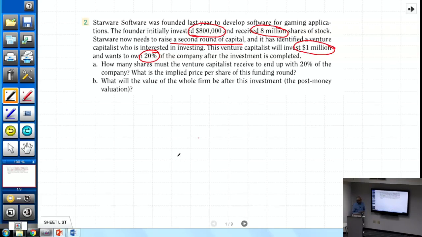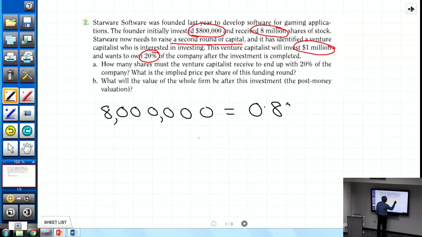So now we know that after this second round of financing gets through with the venture capitalist, the original owner will still own 8 million shares, but this 8 million shares would be 80% of the total.